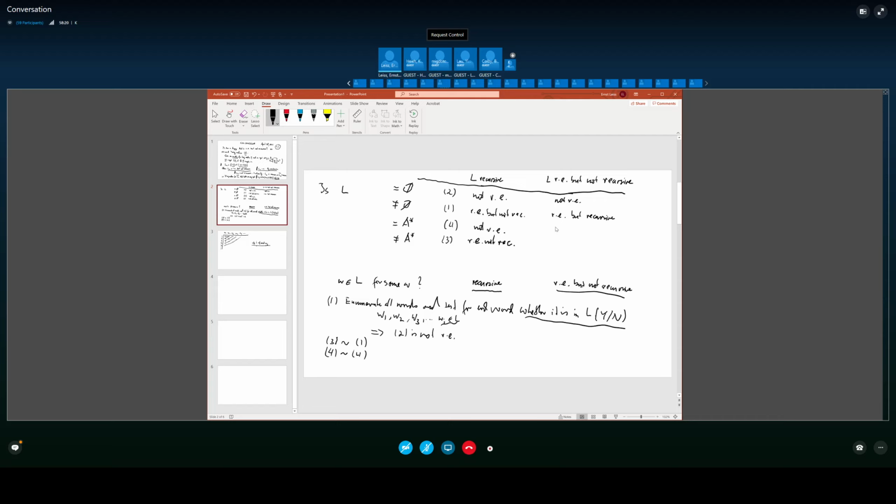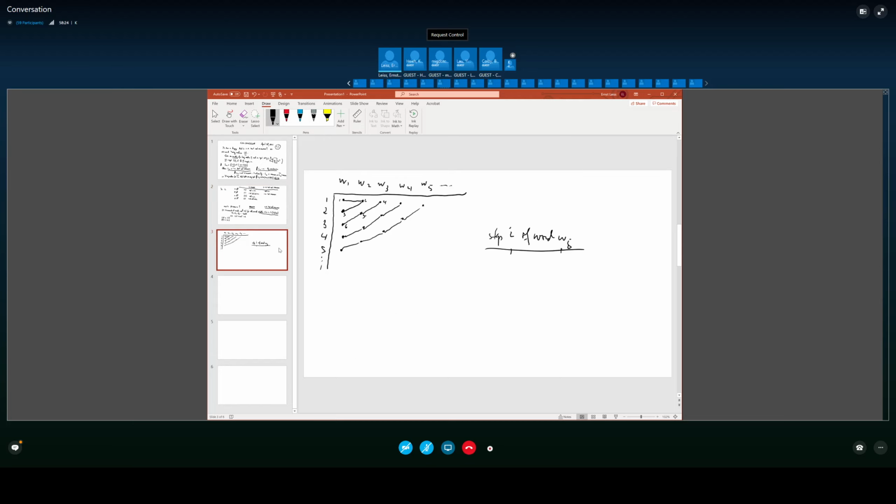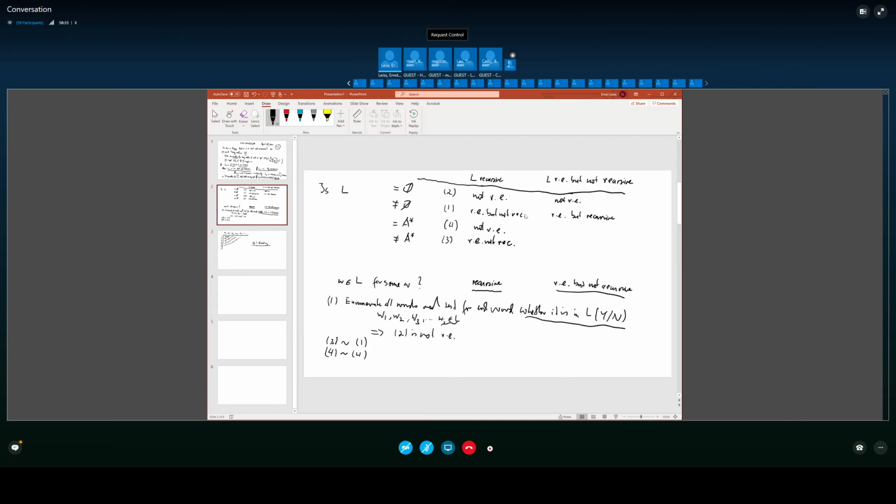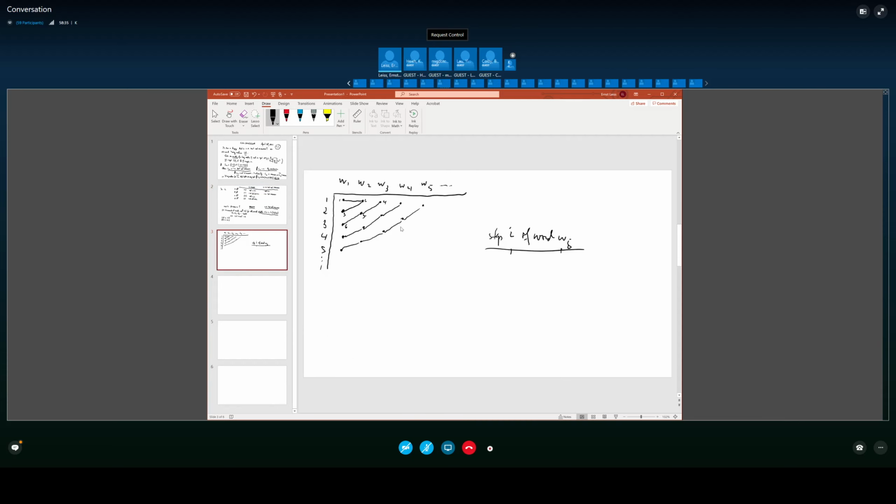So we can obviously do the same trick as we did here, but the problem is it will only tell us for a recursively enumerable but not recursive language that the word is in the language. But that's not the question we're interested in.